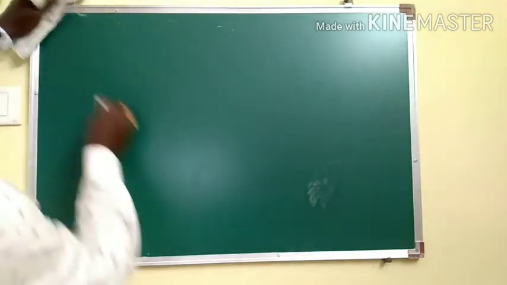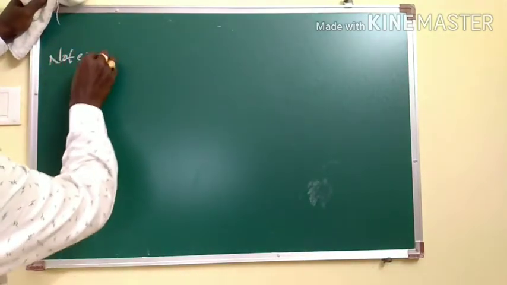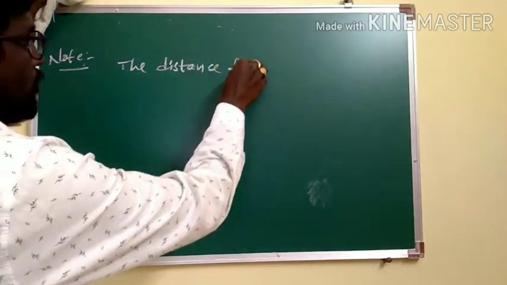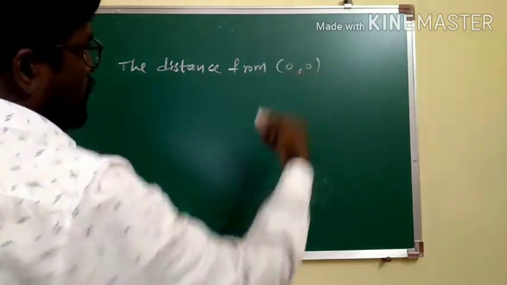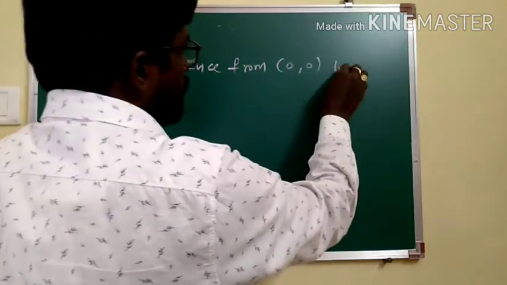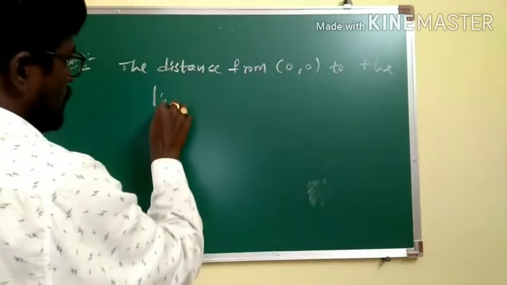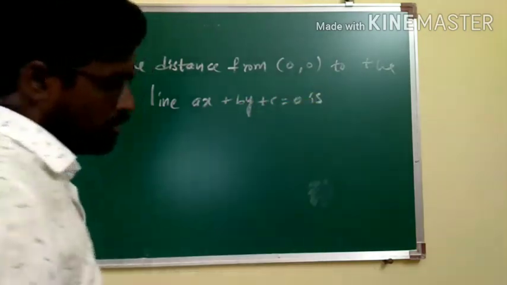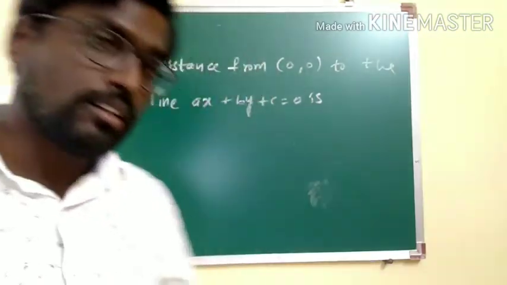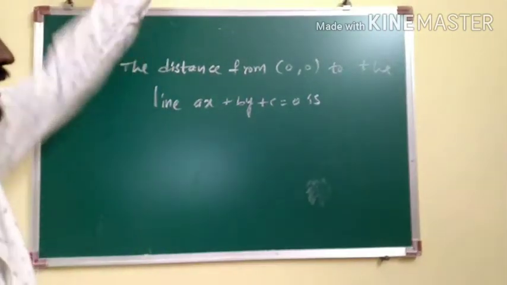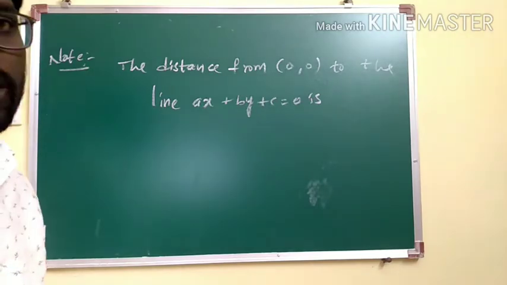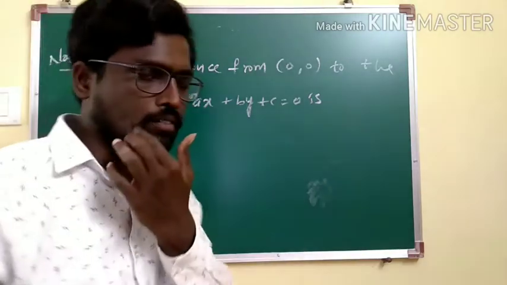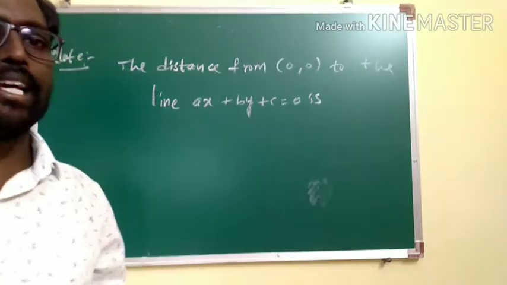Now let us see. Please write under the note point that the distance from the origin, that is (0, 0), to the line ax + by + c = 0 is, tell me, the same story as what we took from a point P (x1, y1) to the line ax + by + c = 0.